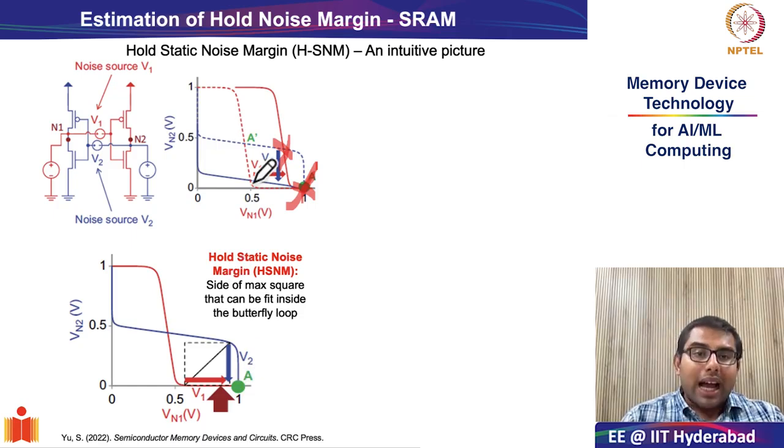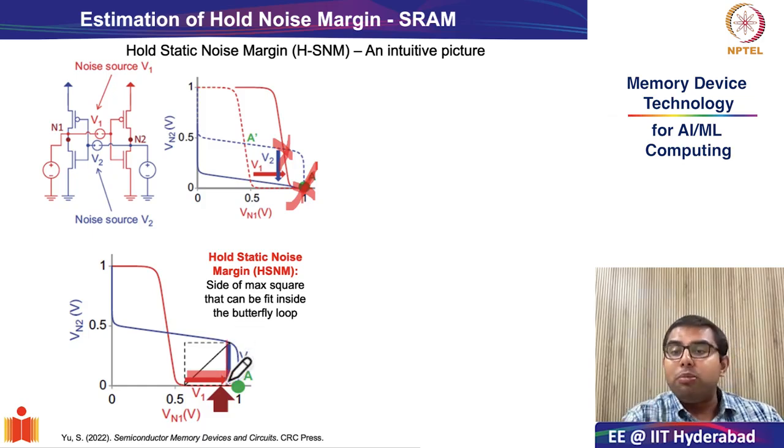So the maximum amount of voltage that you have applied such that these three crossover points get transformed only into two crossover points, is determined by this V1 and V2.